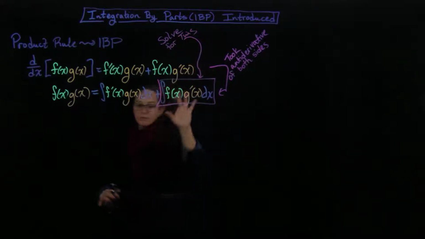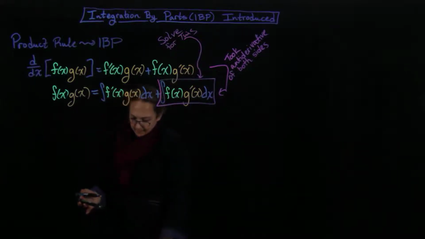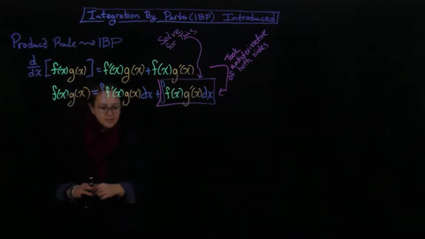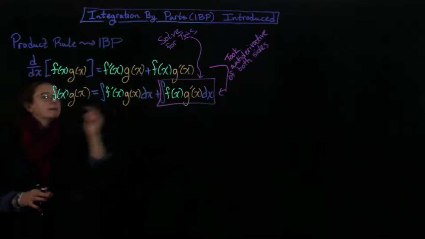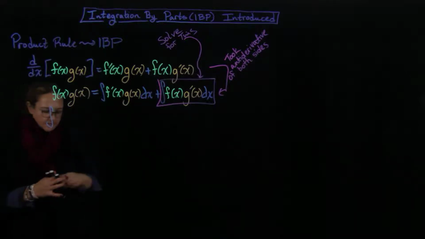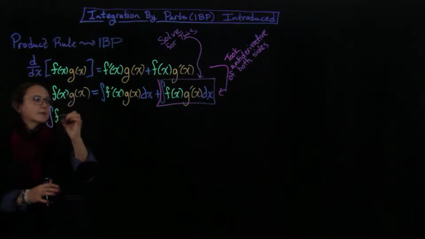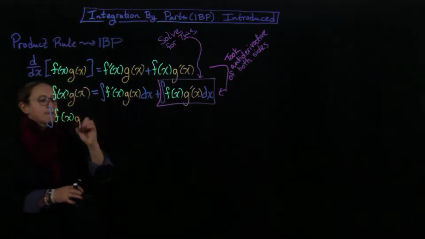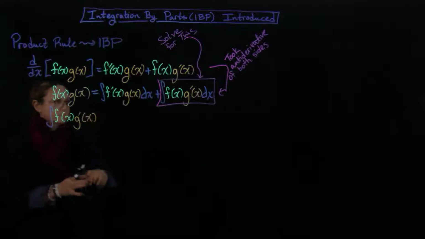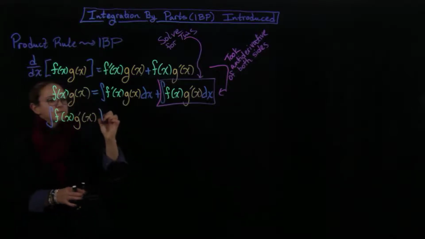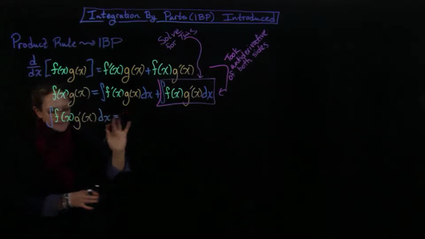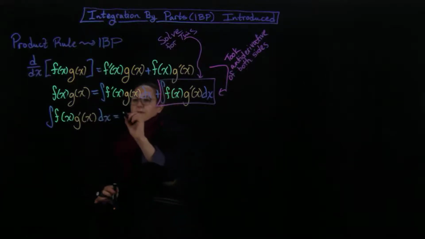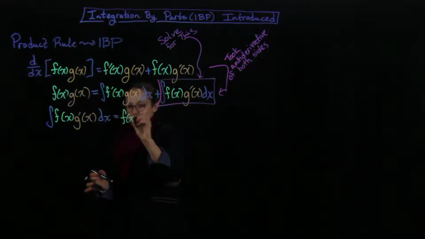I just rearrange things to do that. So the integral of this, I just want it on this side for the sake of the formula looking the way I want, is going to equal f of x times g of x.